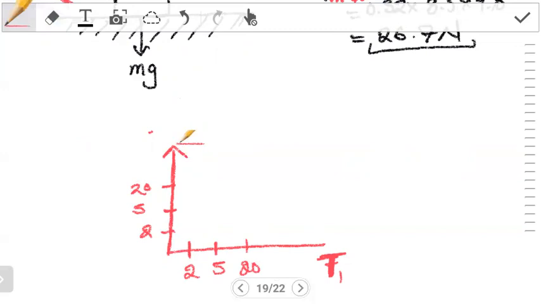Okay, let's take this a little bit more. So the force of friction is proportional to the force applied. Now, there is a limit to what values friction can take, and that's the value that we found. In this case, the limit for friction is 26.7. So this is the limit. Friction cannot exceed this 26.7.